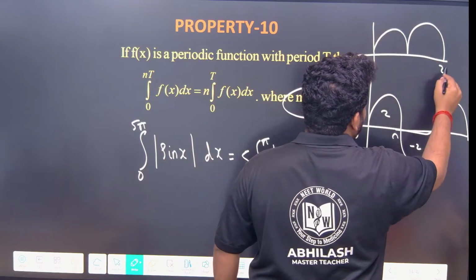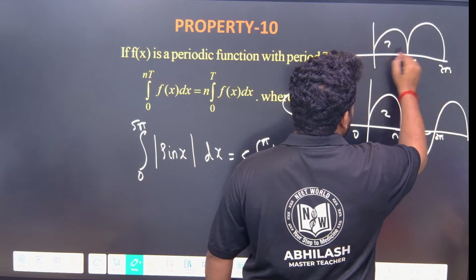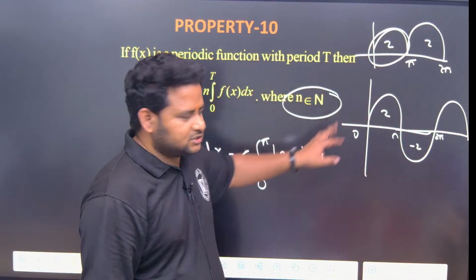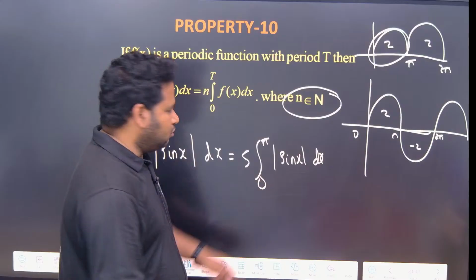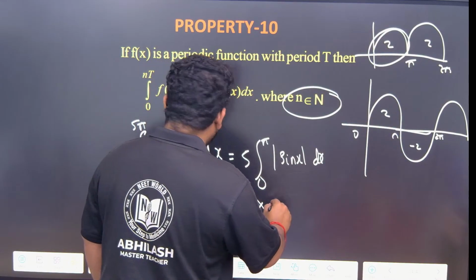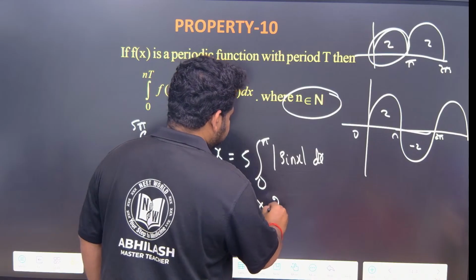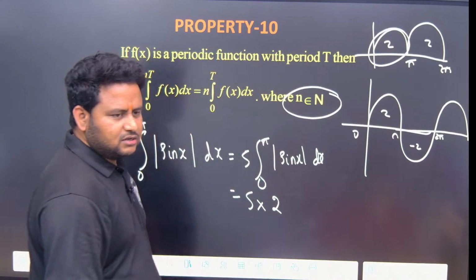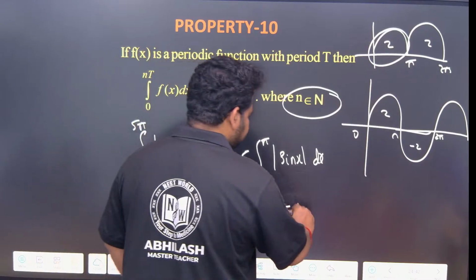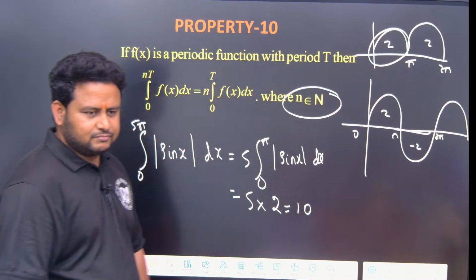From 0 to pi the value is 2, and from pi to 2 pi it is also 2. So the value will be 2, and 5 into 2, the answer will be 10. Understood? Understood everyone?